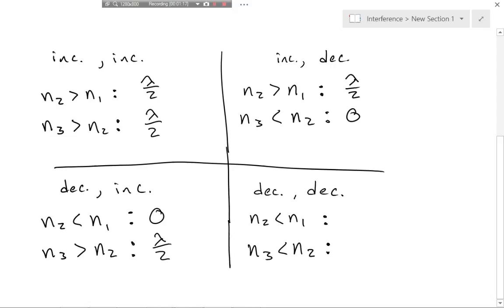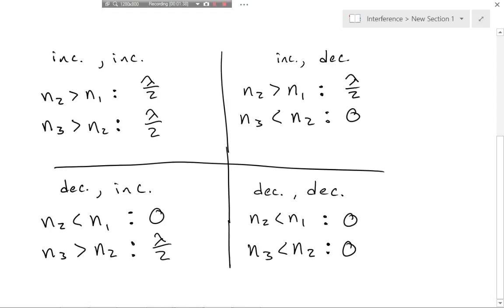Now remember that whenever the index of refraction is decreasing across an interface, there's no phase shift. And because the index of refraction is decreasing across both of these interfaces, both of the reflected waves experience no phase shift. So here, in this case, there is no phase shift for either of the two waves.